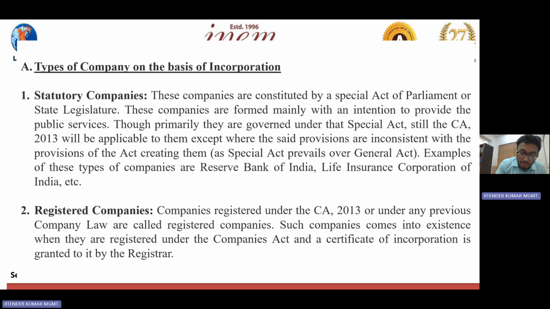these companies are formed with the objective of carrying out businesses which are in the interest of the nation as a whole. When a company is running for the growth of the nation, or for the public environment, or they are just running a business, such companies are like the Reserve Bank of India, the Unit Trust of India, and LIC, which are part of statutory companies.